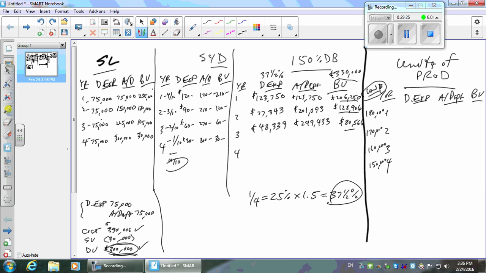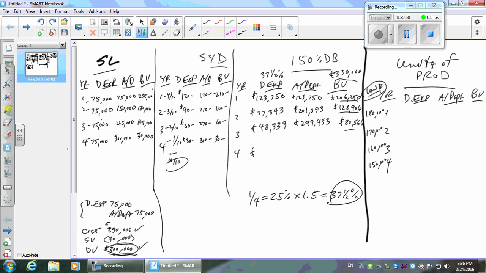Take that times 37.5. Now we want to stop at 30, but we're not going to get there, are we? So in this case, the salvage value wouldn't matter. It's going to force you to have the salvage value that's left at the end of the 4 years. And usually with this method, you don't have a salvage value anyway. You just use whatever's left at the end. Make sense? The example I used in class went the other way, didn't it? The salvage value was bigger than it ended up being at the end.